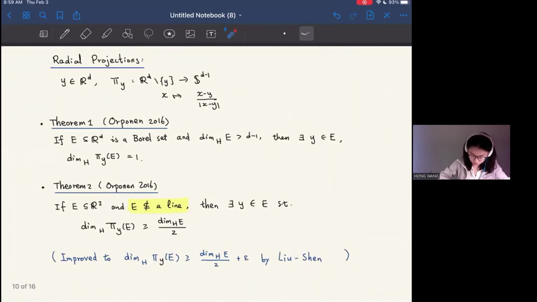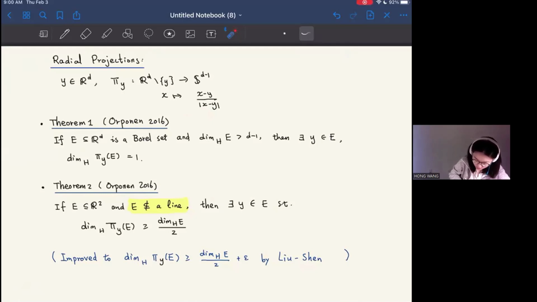So now let's talk about radial projections. The radial projection is defined as: if Y is a point in R^d, then pi_Y is a map from R^d except Y to S^(d-1), given by x going to the unit vector in the direction from x to Y. Both radial projection results are due to Orponen.